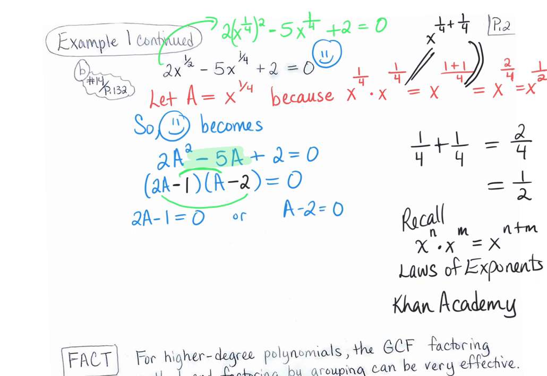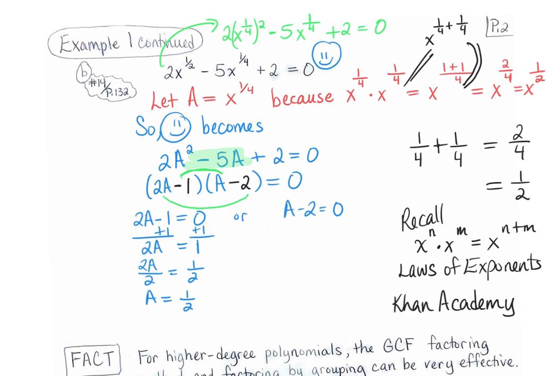So we got to add the 1 to both sides. Then we do what? Divide both sides by 2 to get A equals 1/2.